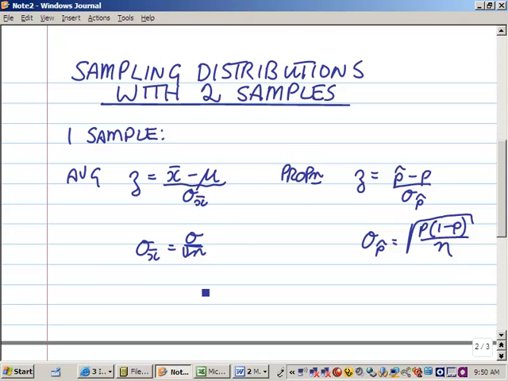But in either case, the z is always a limit minus the mean of the normal distribution, divided by the standard deviation of the particular normal distribution. In each case, the z will have that form, and the standard deviation will be different depending on the circumstance.